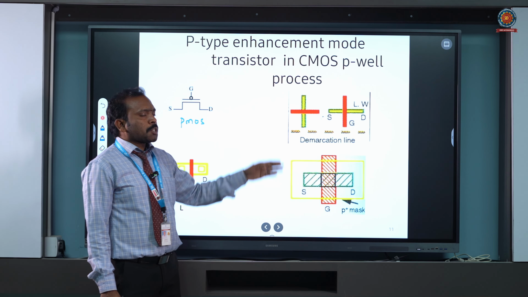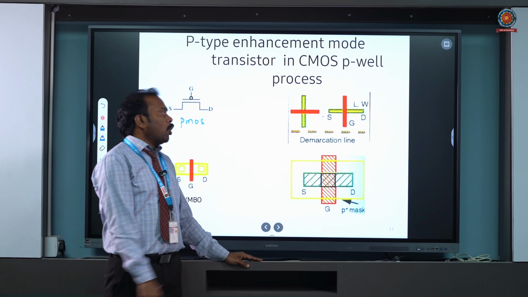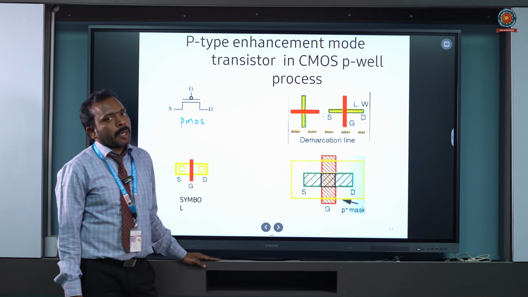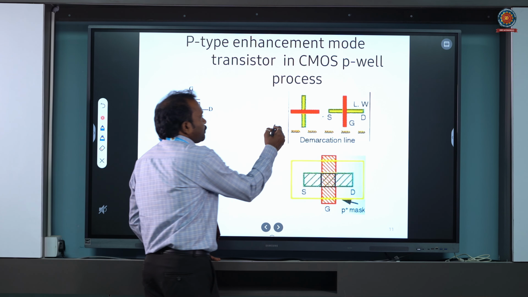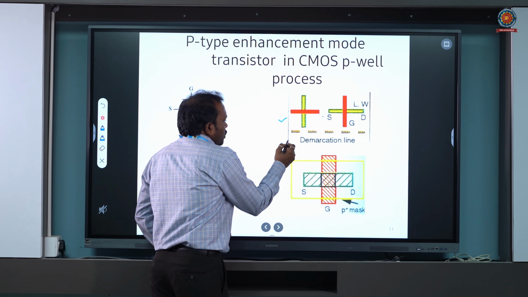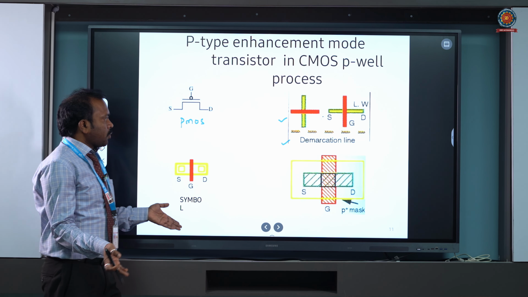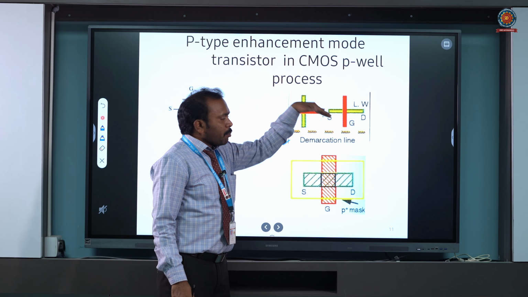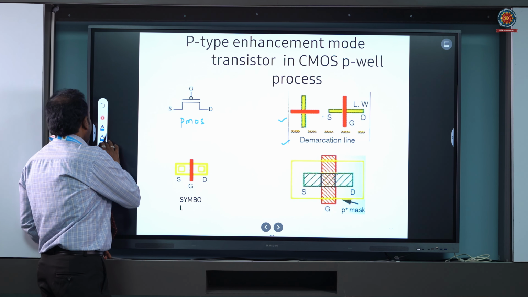Here the red, that is poly over yellow, or poly over the P diffusion, will form a P type transistor, and the demarcation line is used to distinguish between the NMOS transistor and PMOS transistor.